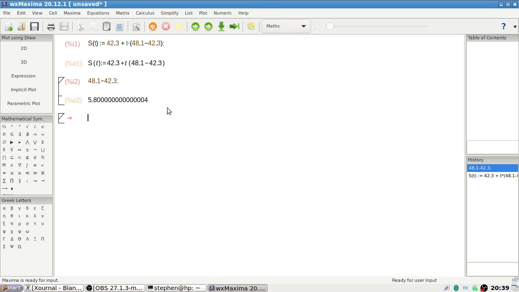So slope equals 5.8 billion US dollars per year, meaning each year the sales increases by this much.